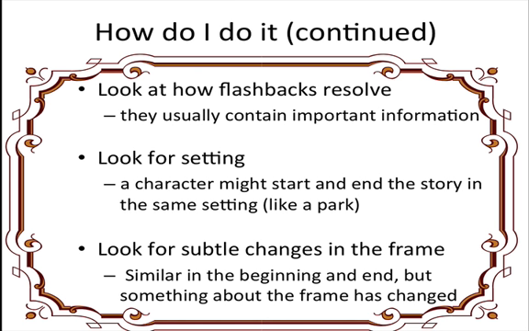Also, you can look for setting. A character might start and end the story in the same setting, like a park, which is where the kite runner starts and ends. And then finally, you could look for the subtle changes in the frame. So similar in the beginning and in the end, but something about the frame has changed, like the difference between the clouds and the rainbow for Chrysanthemum.